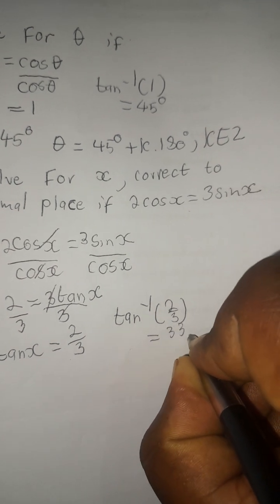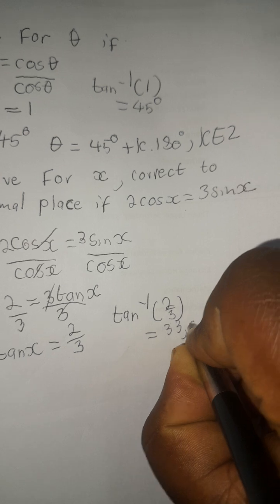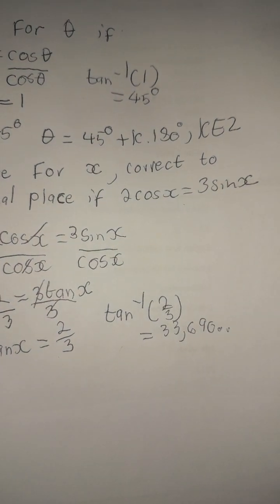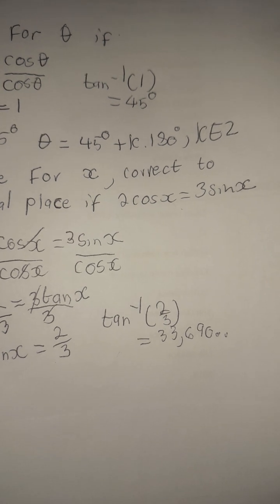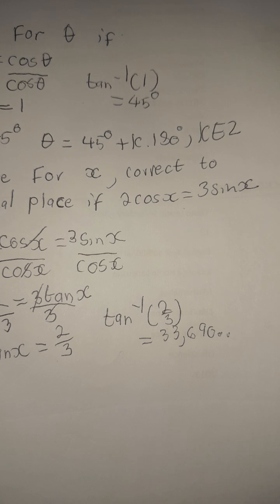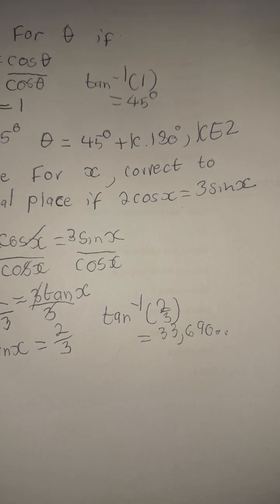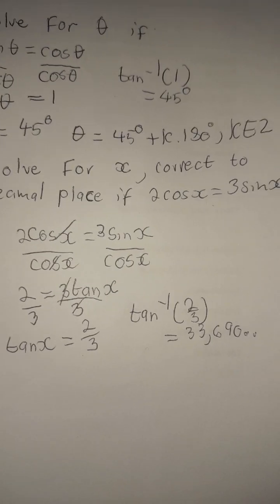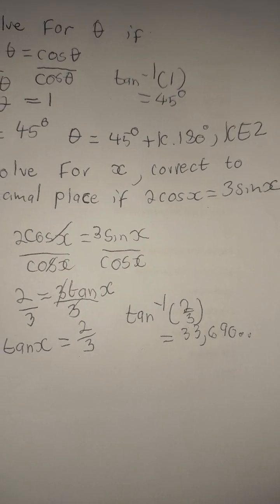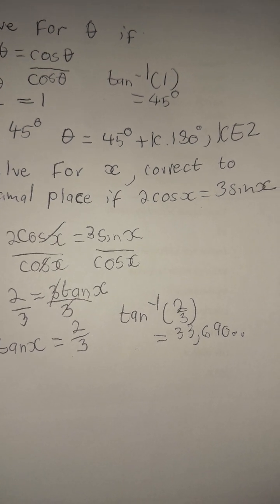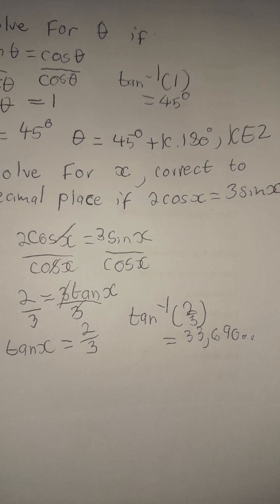So we're having 33.690. If you punch our calculator, 33.690 and ellipses. Only round off at the end. They said round off to 1 decimal place. Do not round off in the middle of the steps. So these dots mean that it continues.